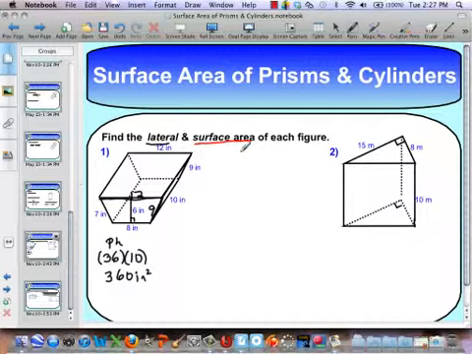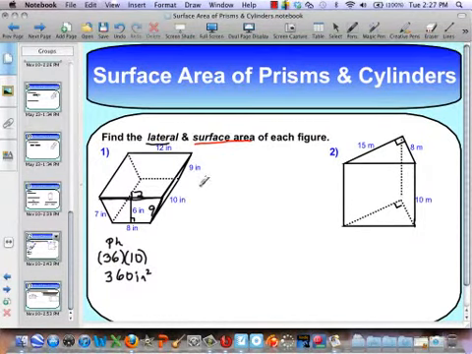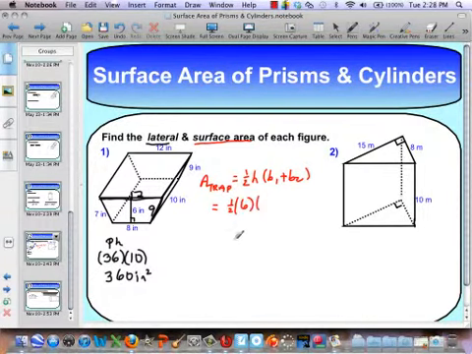How do you find the area of a trapezoid? Base 1 plus base 2, times height. So the area of a trapezoid is 1/2 the height times base 1 plus base 2. What is the height of that trapezoid? 6. What's base 1 plus base 2?